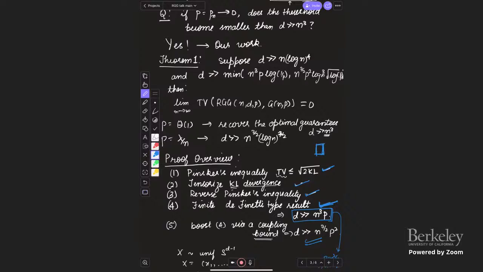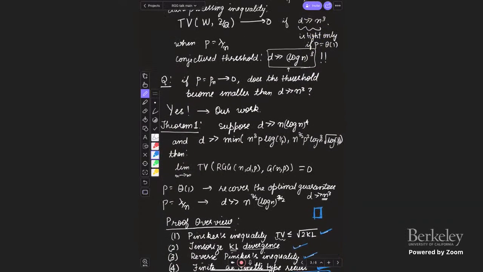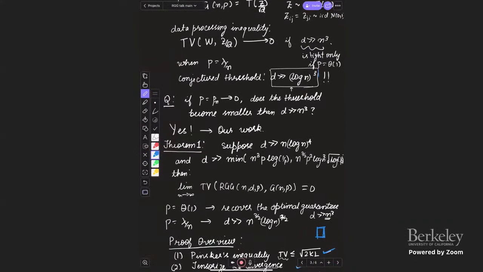There are a lot of open questions here, such as how to prove the conjectured bound. We just proved that when p tends to 0, we can make the threshold better than n cubed, but we do believe that the threshold is sort of log n cubed. There are many problems we encounter when we try to go below, when d is much smaller than n.